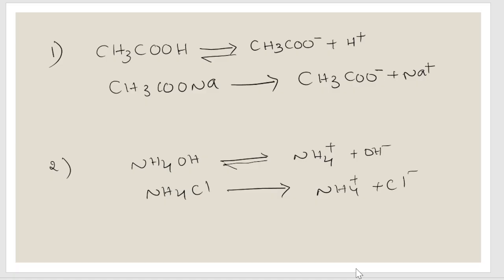Suppose we consider acetic acid, a weak electrolyte. If it dissociates, it gives acetate ion and H plus ion.